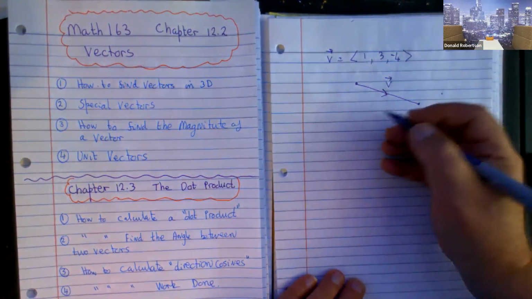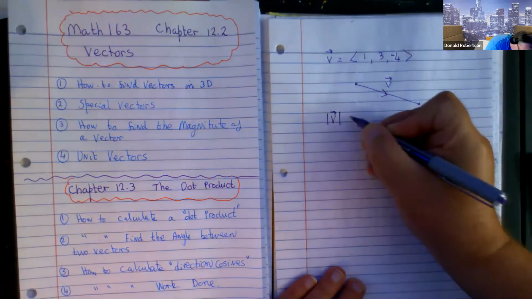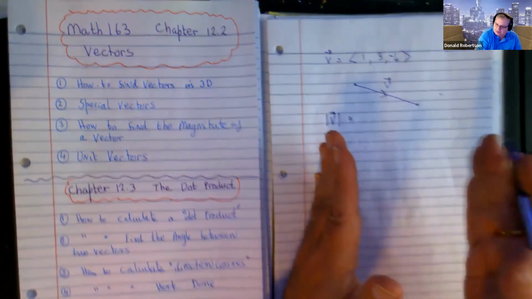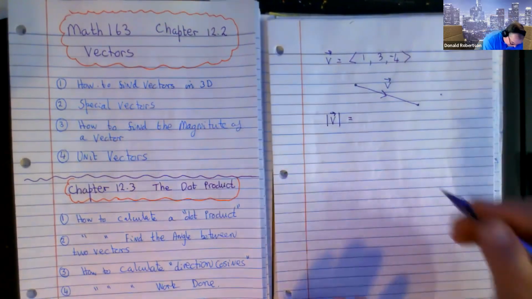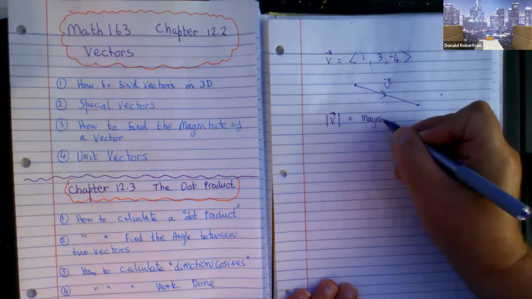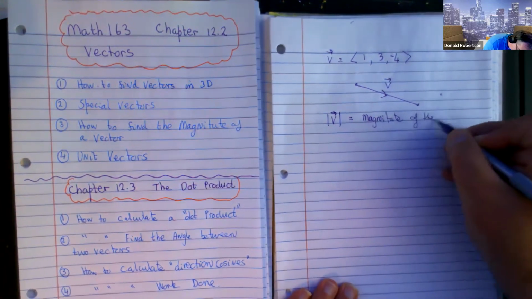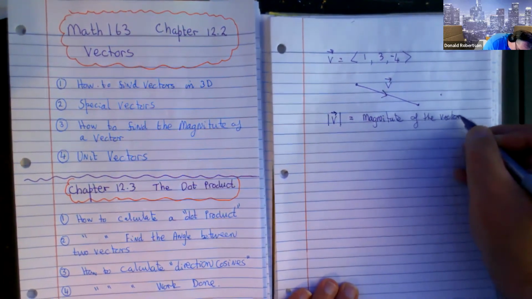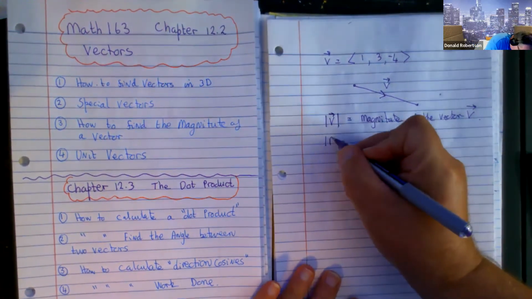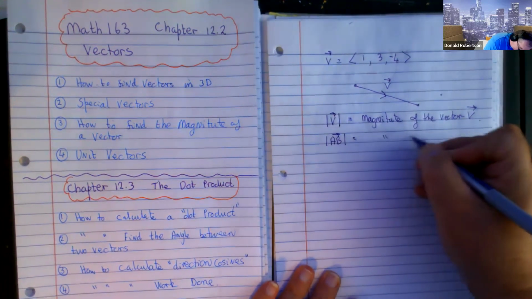And there's some notation that we use. The one that we're going to use is that one. So it's the vector, and then like the absolute value, you see the 2 vertical lines next to it? That means the magnitude of the vector V. You can also see it written like that.